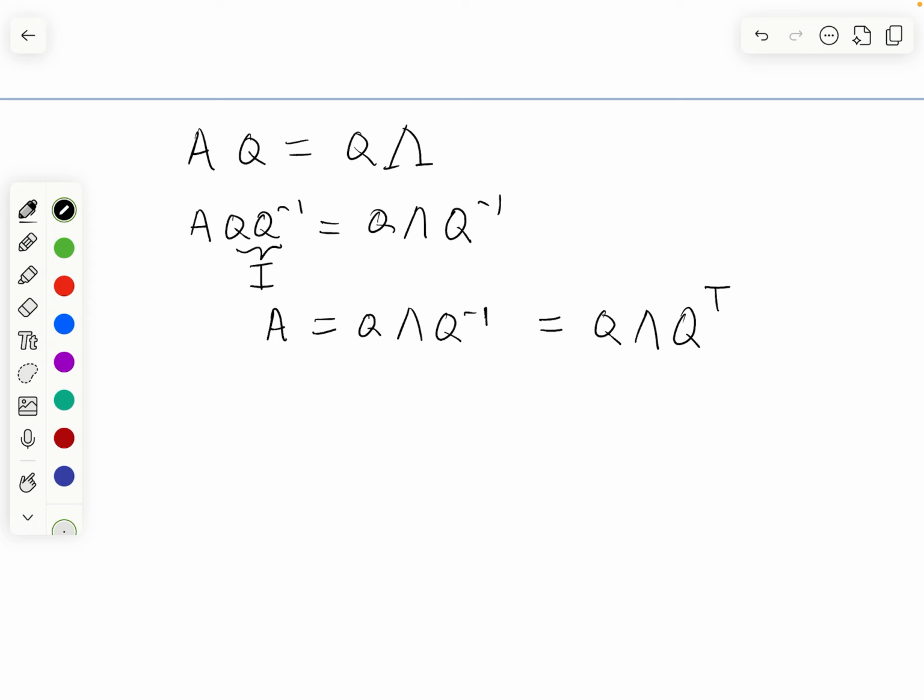Okay? And so when you have a symmetric matrix, you can express A in this form.